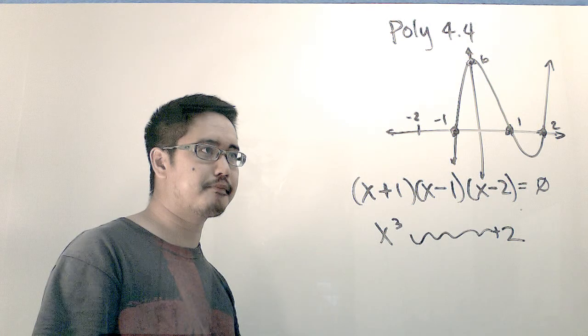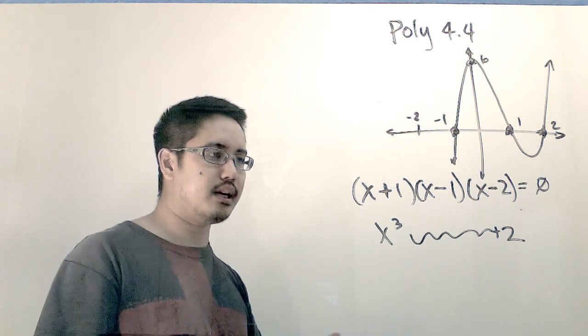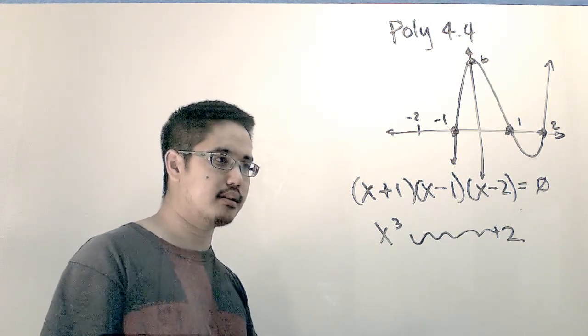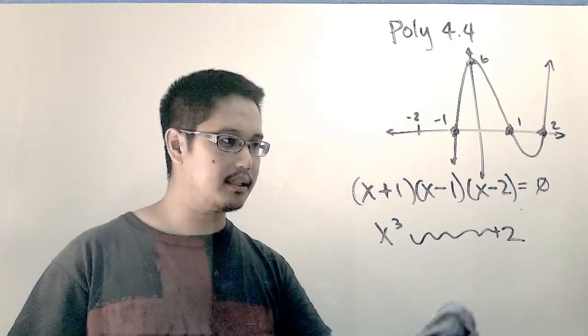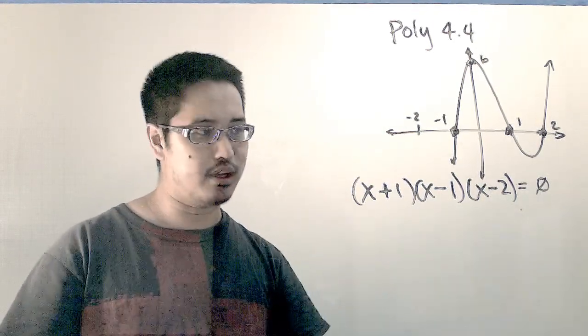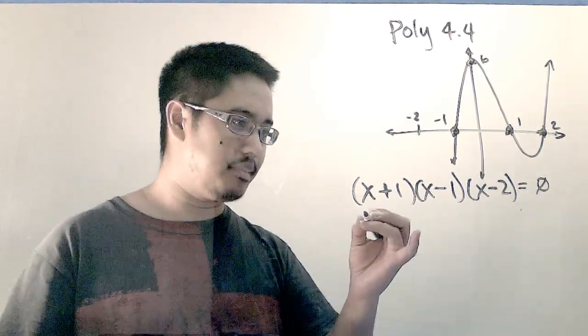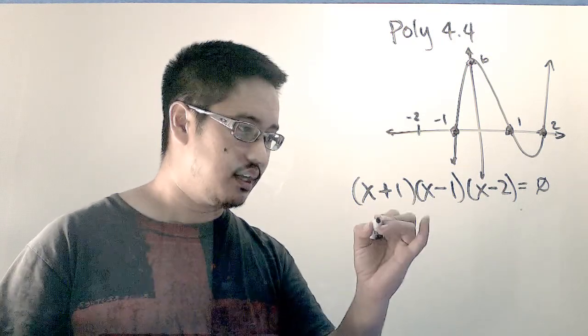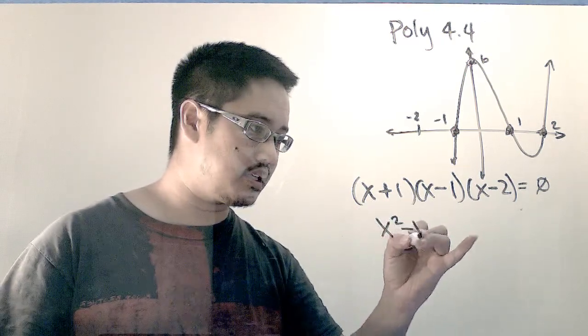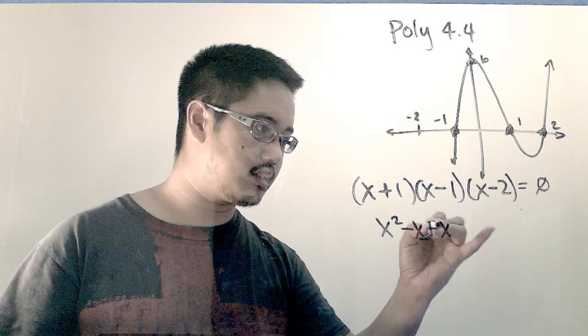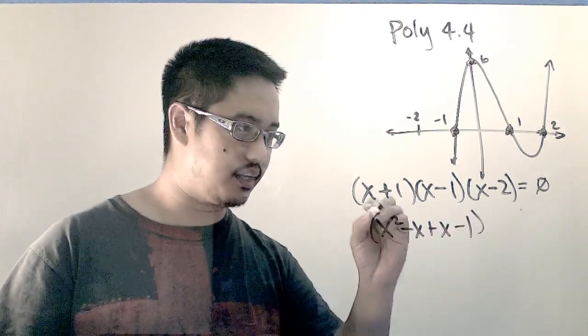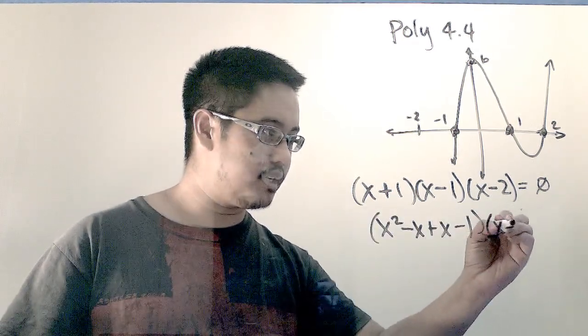Well, what I can't do is this. I'll tell you what, why don't I just multiply this all out and I'll show you. It might be a pointless exercise, but let's try it. I've got x squared minus x plus x minus 1, and that's multiplying out the first part, and then x minus 2.